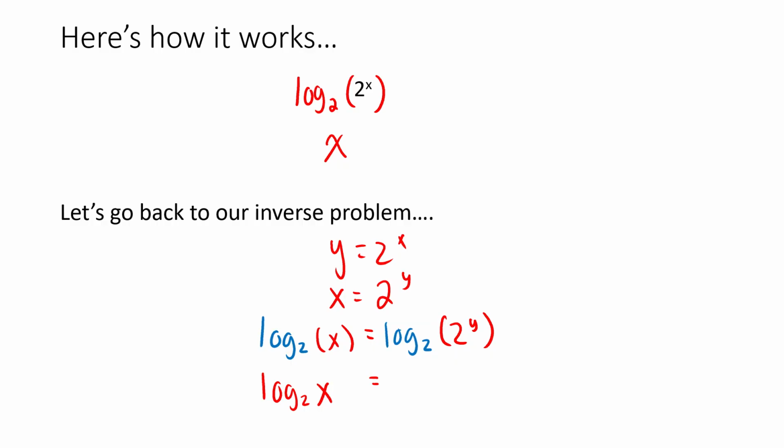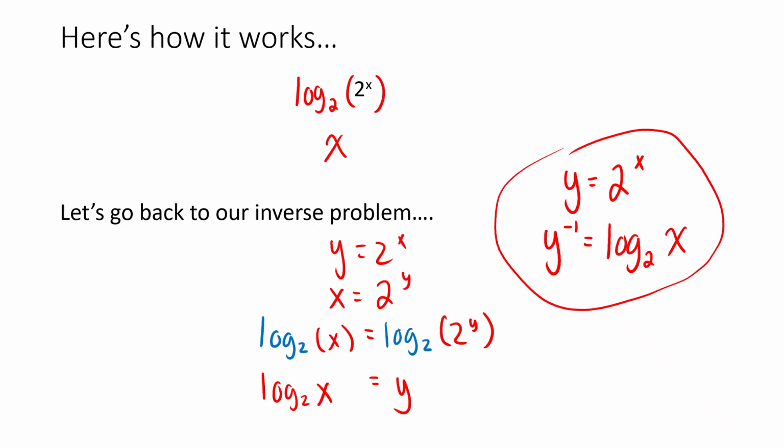On the right, the log base 2 is undoing this base of 2, and it's going to leave me with just the y. So if my original function was y equals 2 to the x, my inverse function is log base 2 of x. So these are the pair of functions.